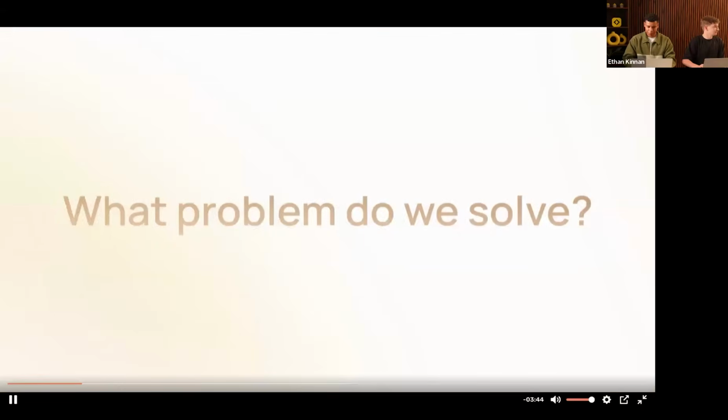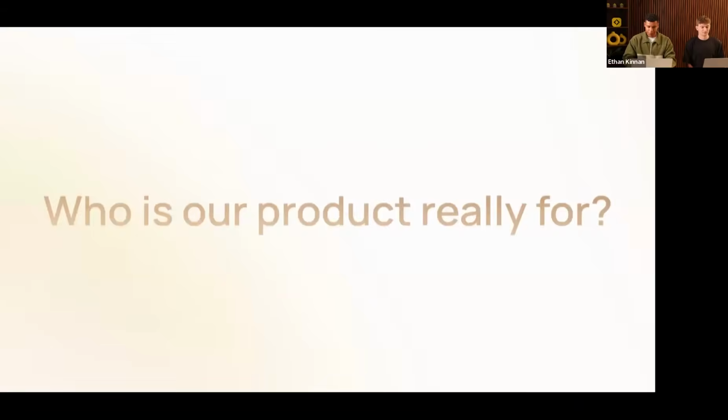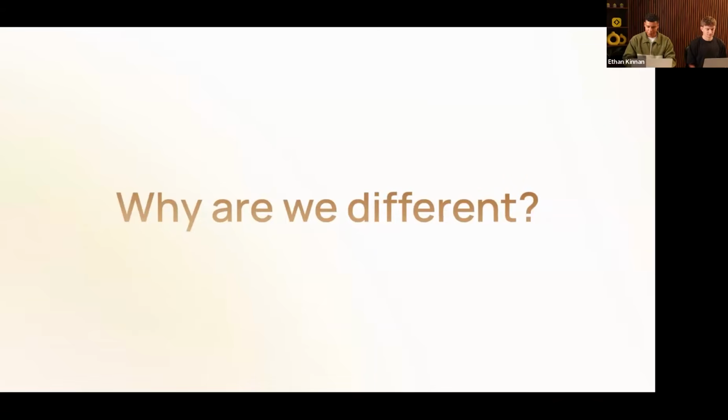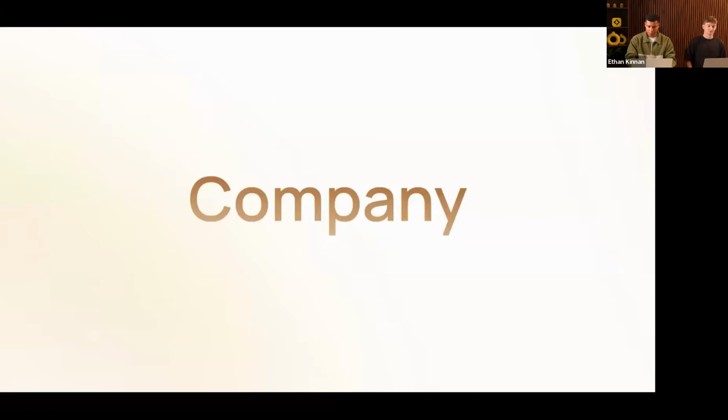The core questions that we want to answer with this agent include: what problem do we solve? Who is our product really for? And why are we different? And so this agent helps your company answer these questions by doing deep research on your company, its products, its customers, and its competition. And all you need to get started with using this agent is your company's website.